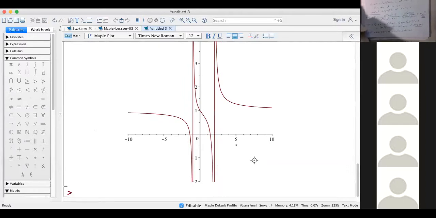So suppose I want to plot this function. Plot.